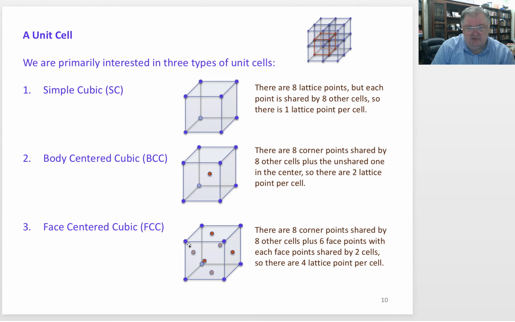Well, just like for the simple cubic, these 8 corner points constitute 1 point per unit cell, but in addition, I have these points on the faces. There are 6 faces, but each face is shared by 2 unit cells, right? So 6 faces divided by 2 is 3, so that means there's 1 plus 3 or 4 lattice points per unit cell, okay?